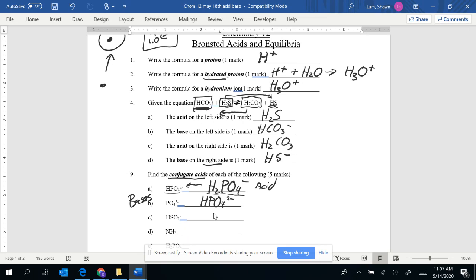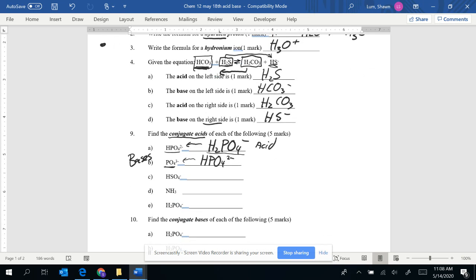If this HPO4 turned into this one right here, this hydrogen would have to be lost in order for it to turn into PO4. So that would make this acid. If this PO4 3 minus had to turn into HPO4, it must gain a hydrogen, and so that would make this one a base.